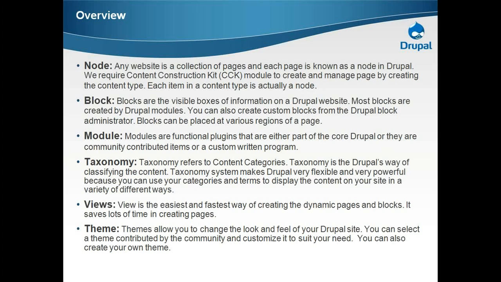A couple of blocks are created by default, and more are added when you add modules, because modules require some kind of block. Or you can create your own custom block. Those blocks are available in the Drupal environment to place anywhere on your template, which is called a region.